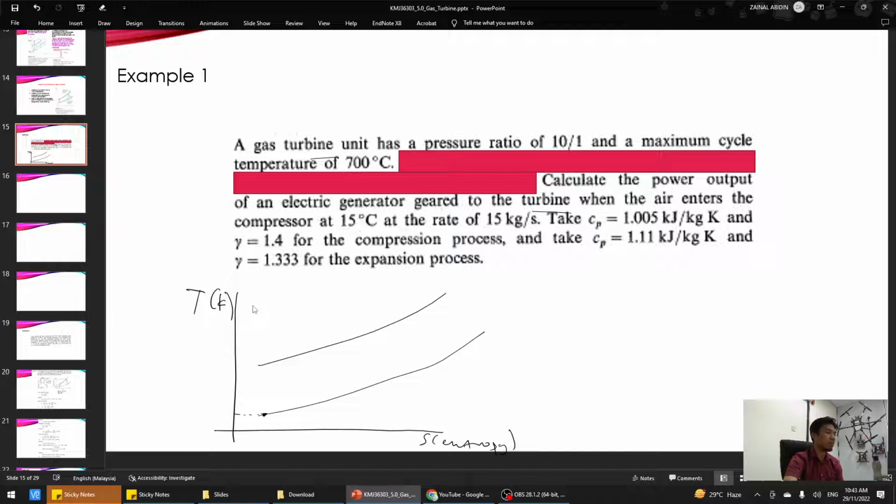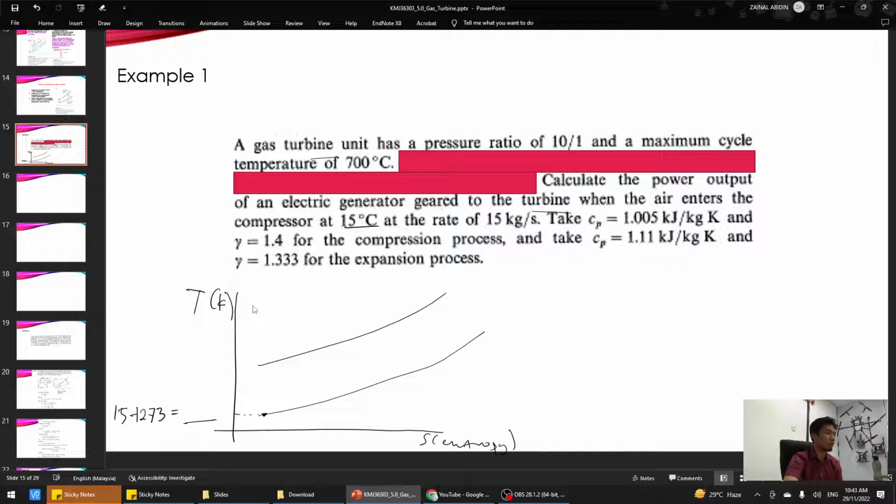What is the air intake temperature? 15 degrees Celsius. You need to convert it to Kelvin, so 15 plus 273.